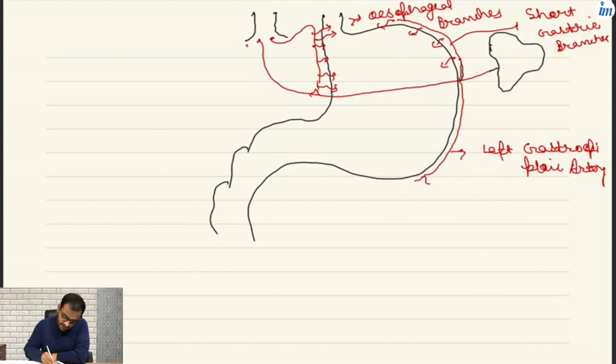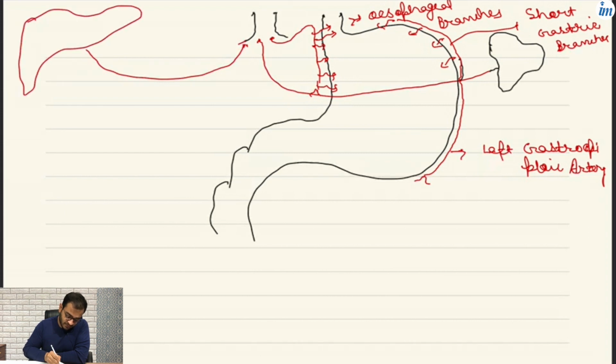The third branch from the celiac trunk is the common hepatic artery, which goes and supplies the liver. But before it reaches the liver, it transforms into the hepatic artery proper.